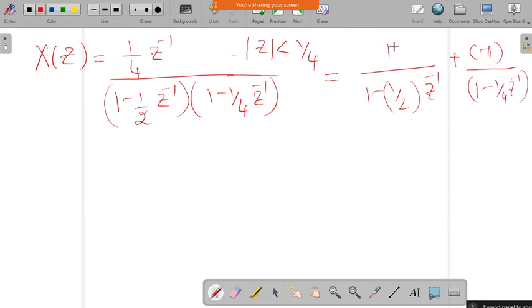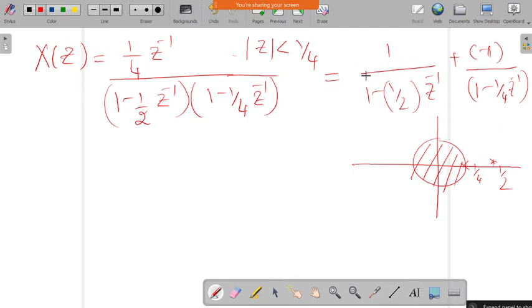Now, to get the signal with ROC less than 1 by 4, it should be a negative sided sequence. This is 1 by 4 and somewhere here it is half. Inside this ROC, less than 1 by 4, it should be negative sided. If it is greater than the maximum pole, then it will be positive sided.